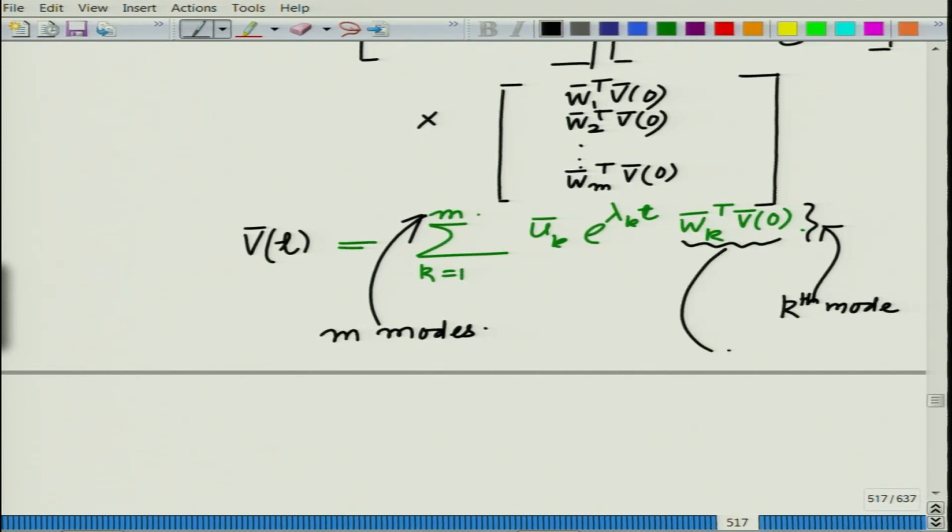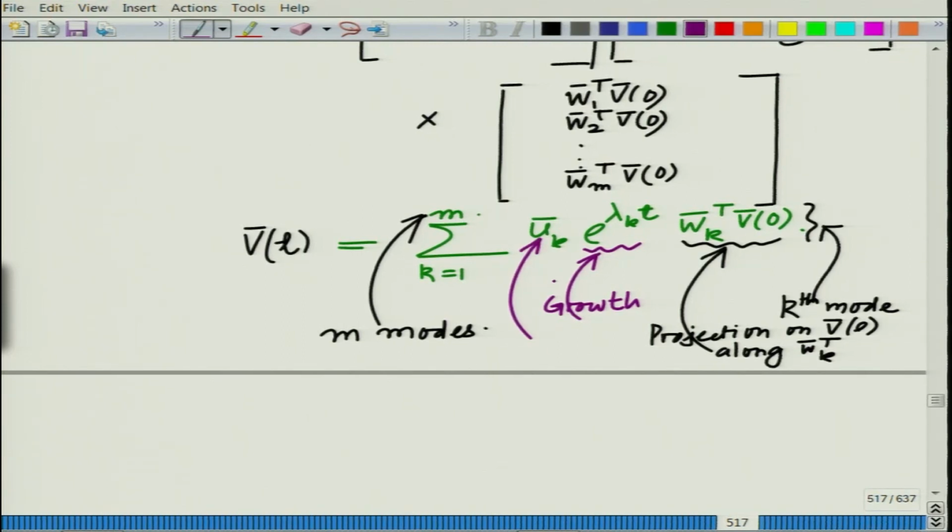This is the projection of v bar 0 along wk bar transpose, remember, which is the left eigenvector. This grows as e raised to the power of lambda k t, which you can think of as the growth factor, and this is the final direction it is along.